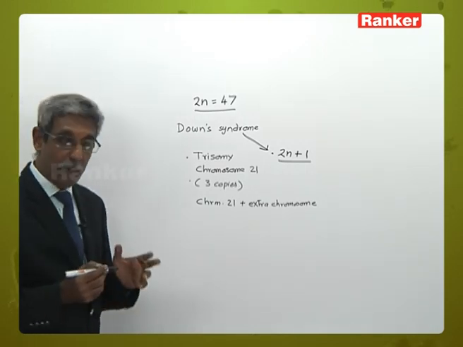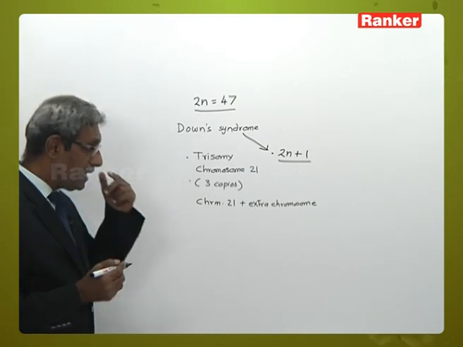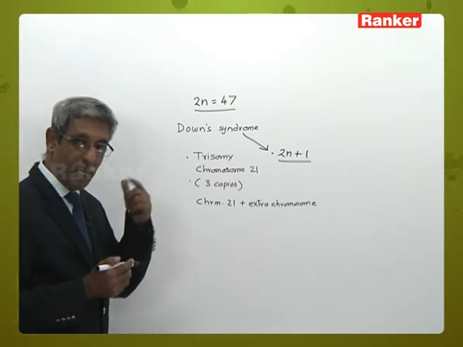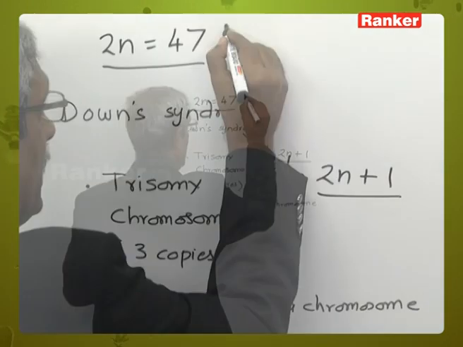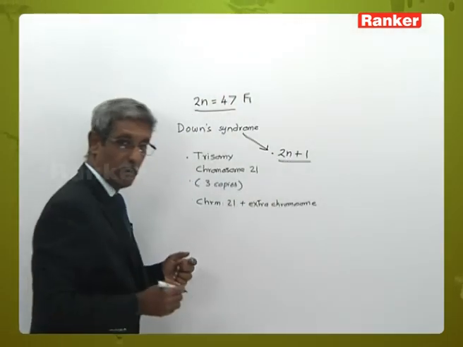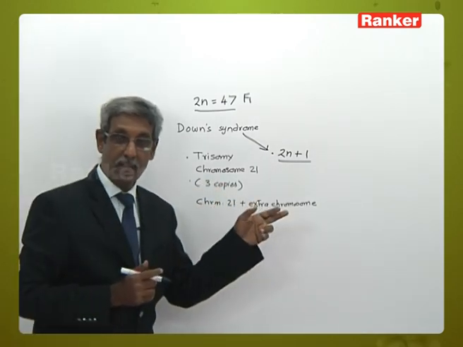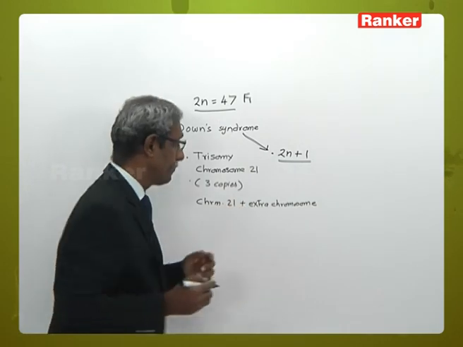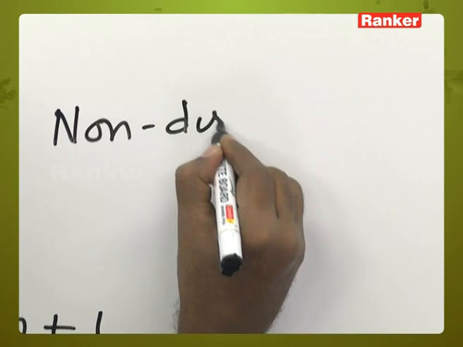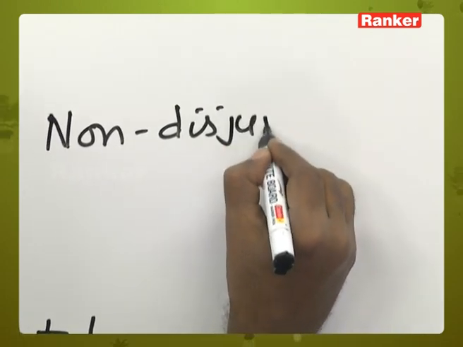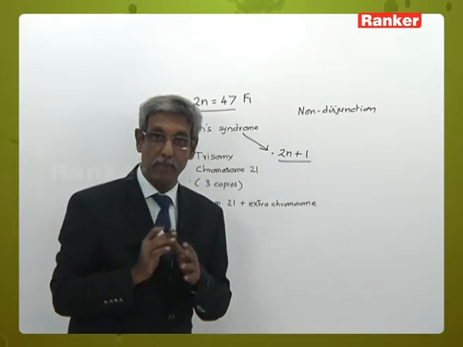Thereby, the offsprings have 47 chromosomes. That is, when a male and a female cross, you find that always in the F1 the offsprings have 47 chromosomes. The reason we have 47 chromosomes is non-disjunction, or non-separation of the chromosomes.